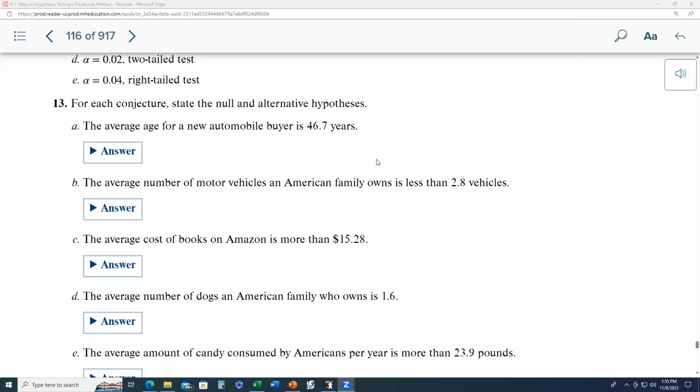Equal. Equal to. Okay, that being the case, my null hypothesis for number 13A would be saying that the mean age of all automobile buyers out there is equal to 46.7. This would be my null hypothesis.